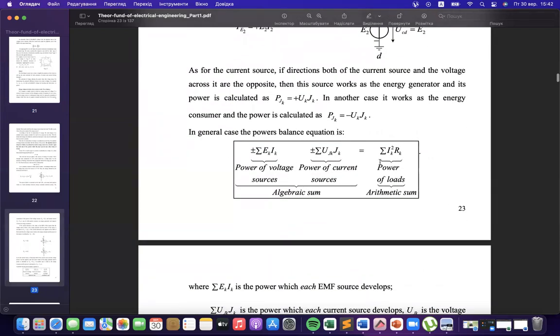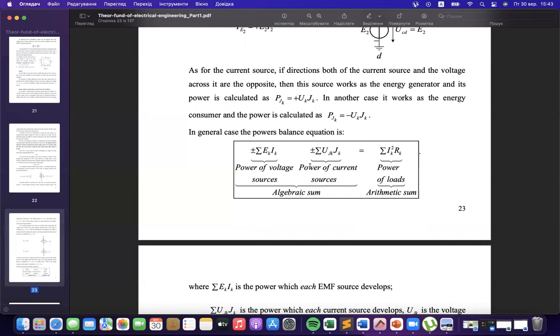Here it is, the general idea. Voltage source: electromotive force multiplied by current. Current source: voltage multiplied by current of this source. And power of loads, of resistors, joule heating. Altogether, this equation should balance, just as the energy conservation law.